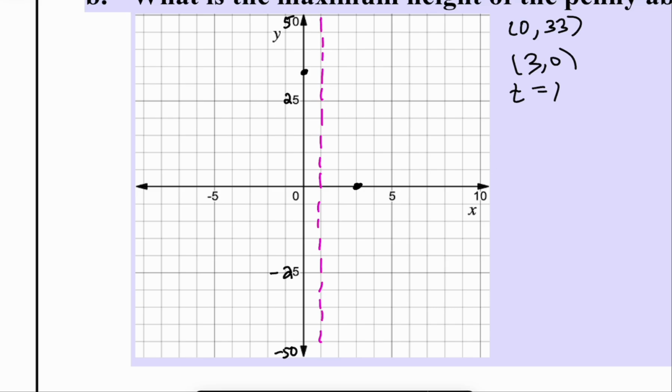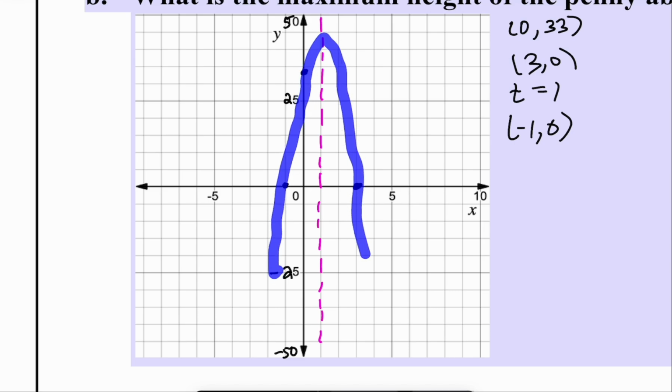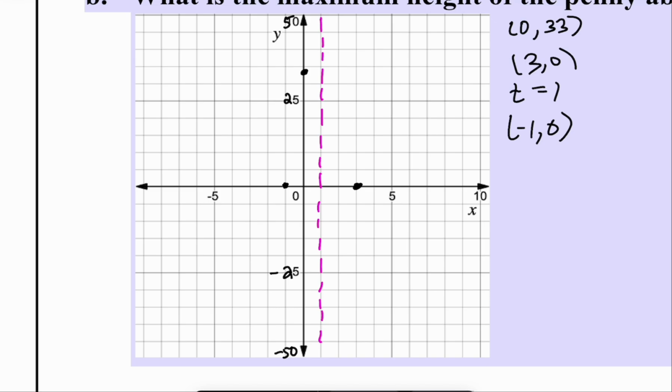So let's put that on there. Okay, so I actually get a bonus point. I also have a root at -1. Okay, so I know my parabola is going something like this. And I even know that I'm at 33 here as well.